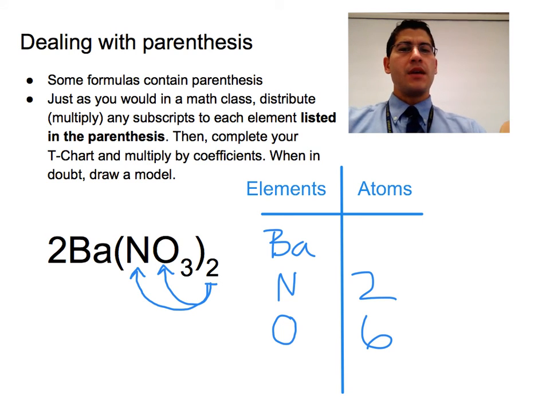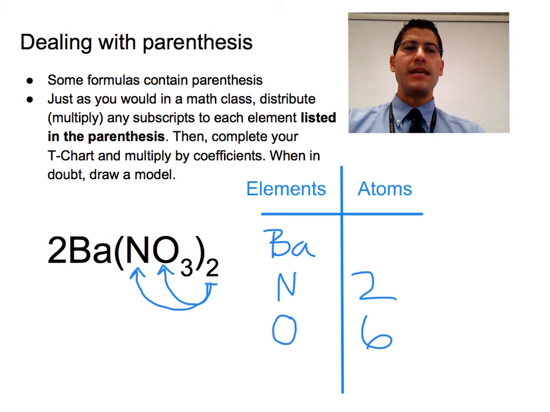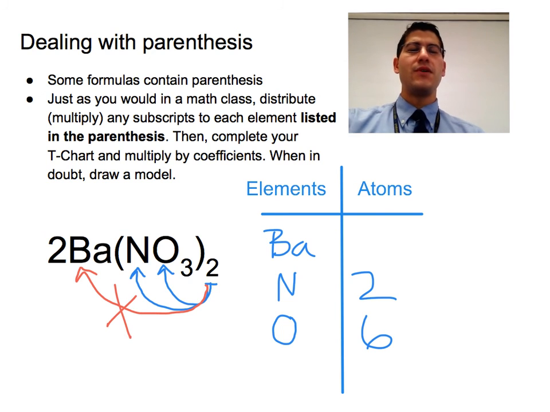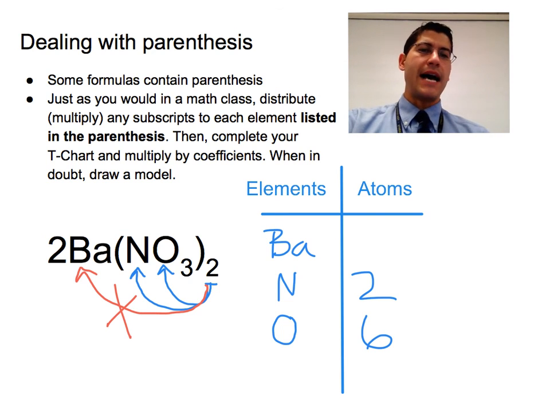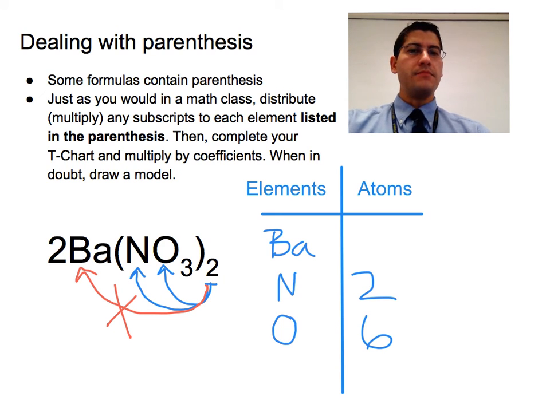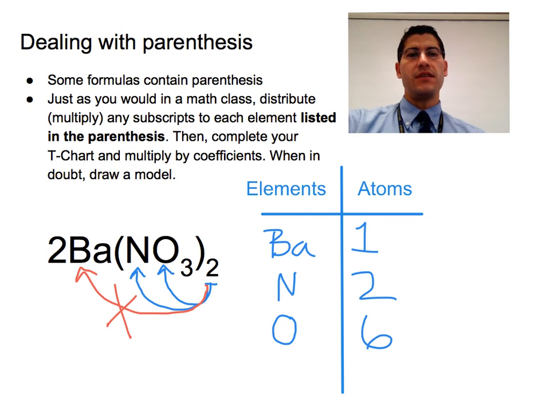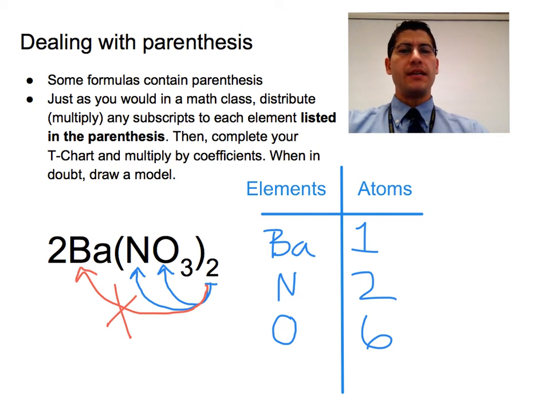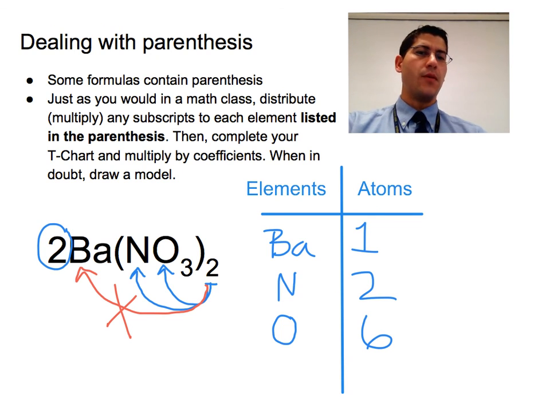Now, one thing that you do not do is take a subscript that is outside of a parentheses and apply it to elements that are not in the parentheses. That will give you an incorrect count of atoms. So for barium, we do just have 1 atom in each molecule of this substance. Now, we have one more thing to deal with. We have a coefficient, which means this chemical formula represents 2 molecules of this substance.